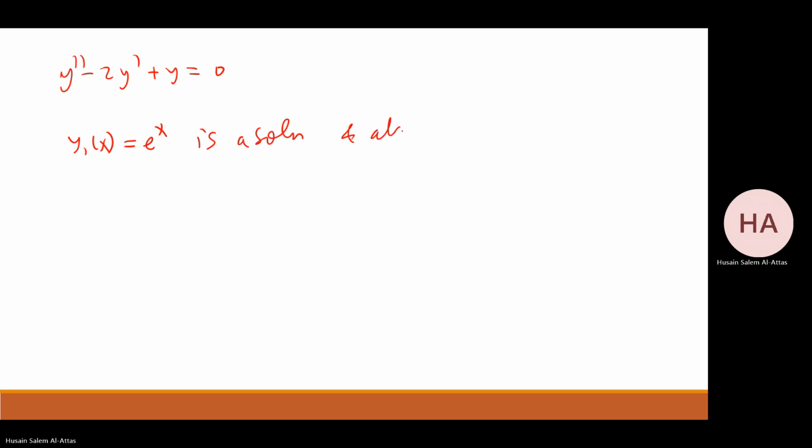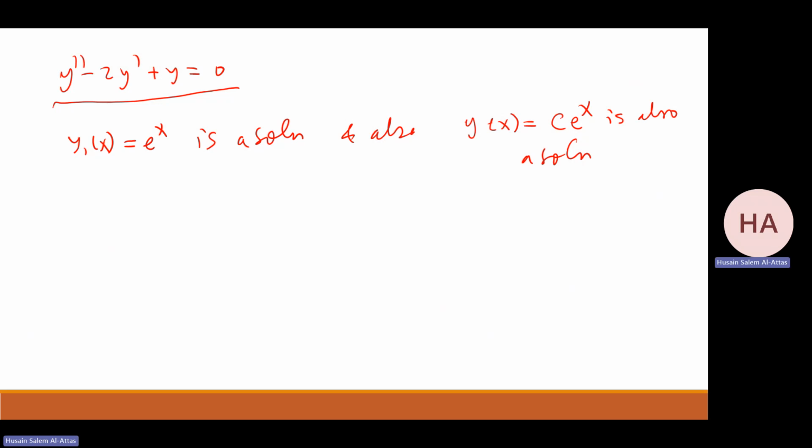And also any scalar multiplication, let me say y equals C e to the power x, is also a solution. So we don't have a unique solution for the equation.